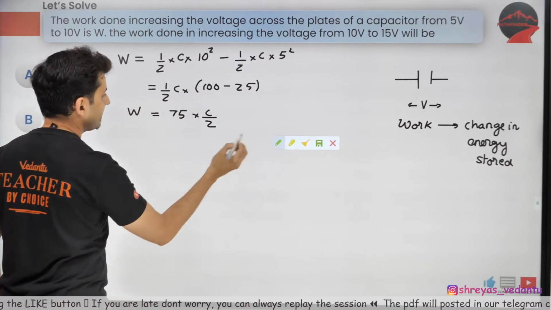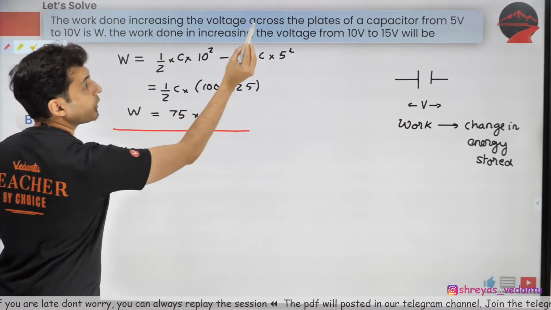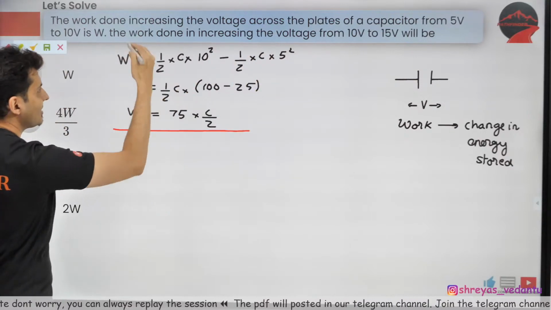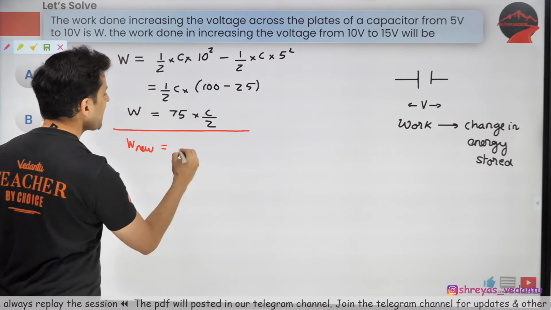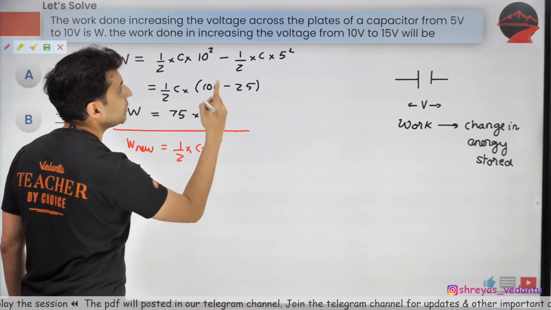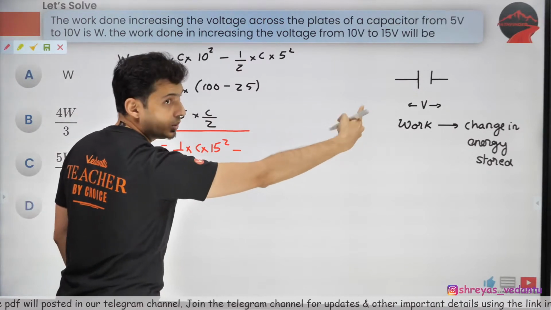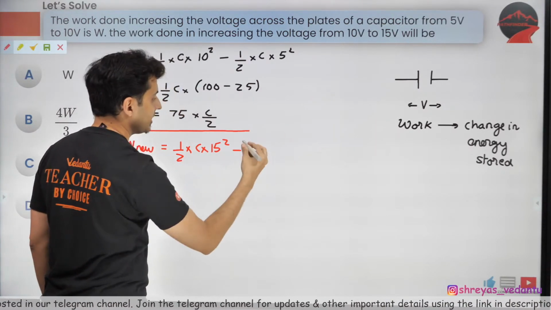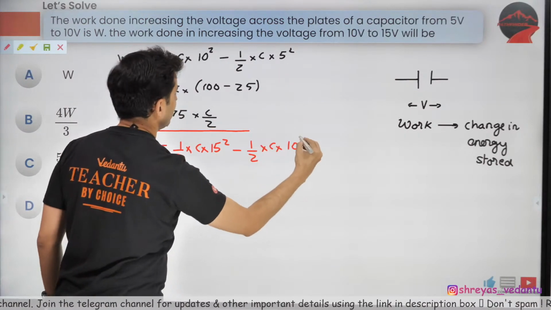Great. Now in the second situation, from 10 to 15, use the similar concept. The new work will be half C into 15 square, that's the final energy, because whatever work you do will go in increasing or changing the energy, minus half into C into 10 square.